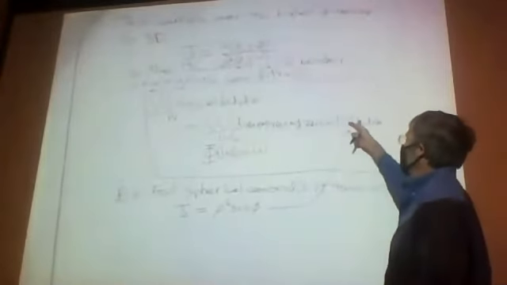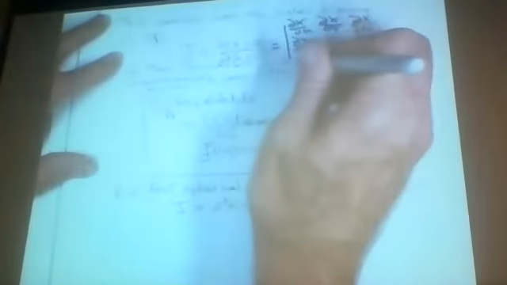Put the absolute value of the Jacobian here, where the Jacobian is actually a 3 by 3 determinant. Maybe I should write it out. The Jacobian is now dx/du, dx/dv, dx/dw, dy/du, dy/dv, dy/dw, dz/du, dz/dv, and dz/dw. A 3 by 3 determinant.